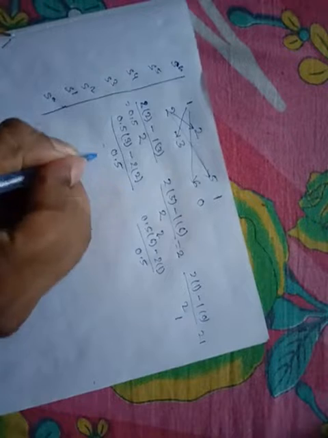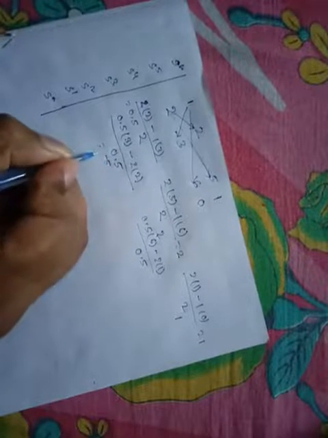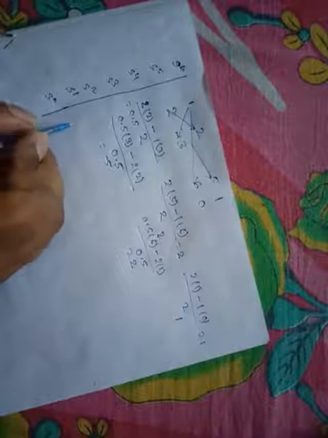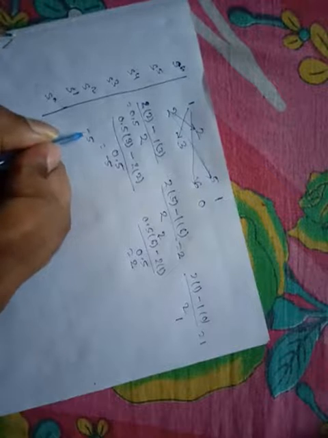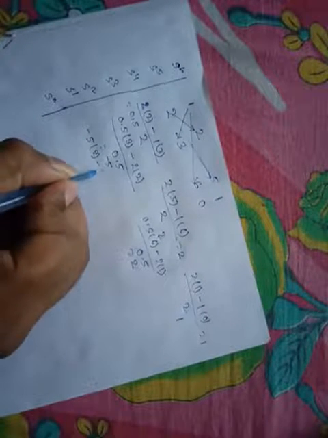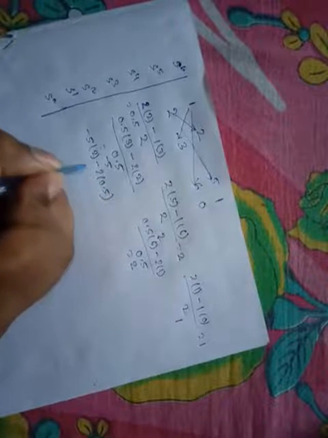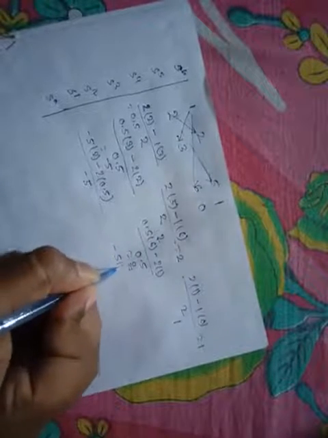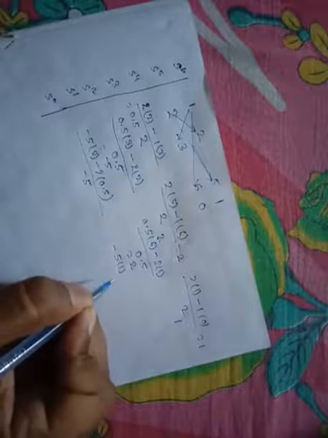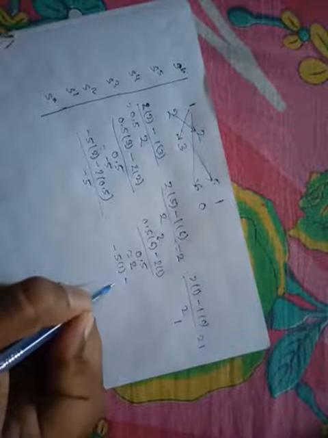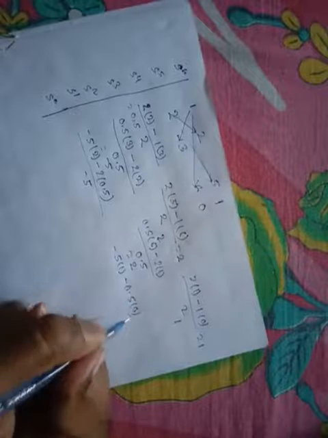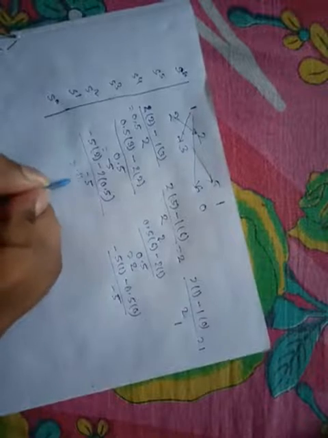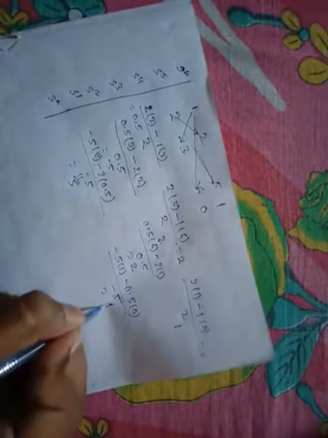The result is equal to minus 5, and the second is 2. For s squared, minus 5 times 2 minus 2 times 0.5, divided by minus 5. Here the value is 11 by 5, and the next value is equal to 1.